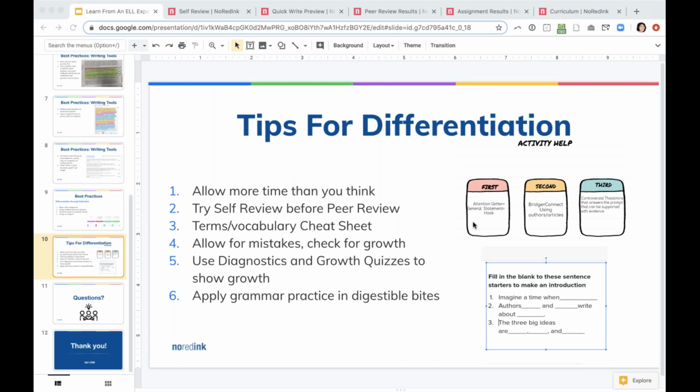And while all of them are really synonymous, a lot of the ELL students hear something and say, oh, that's not it. Oh, you said general statement and I don't see it there. So I went ahead and put synonyms up on the projector, which correlate with what to put first in an introduction, what to put second, and what to put third. And I just kept it up there for the whole class period for them to reference.